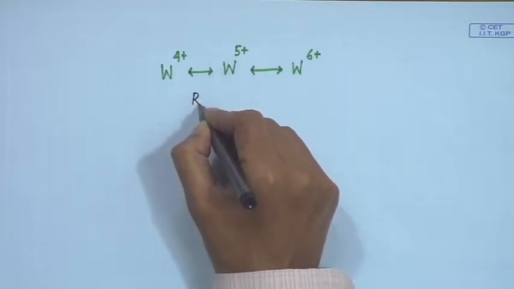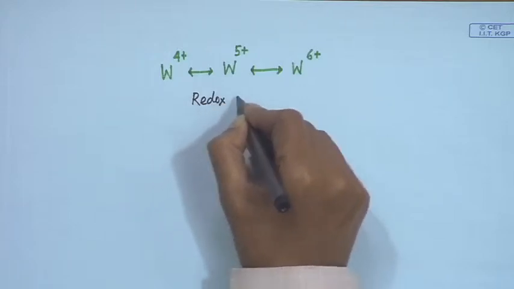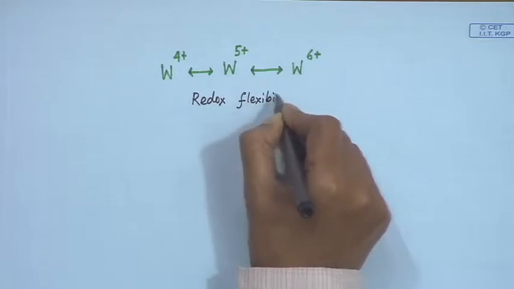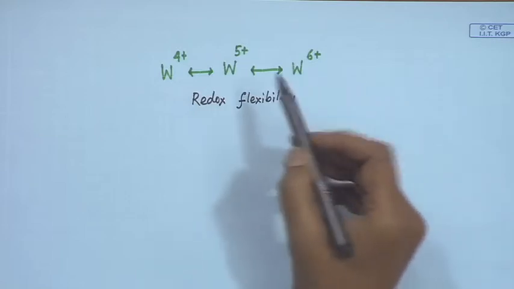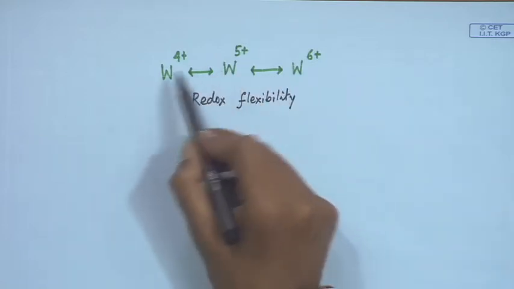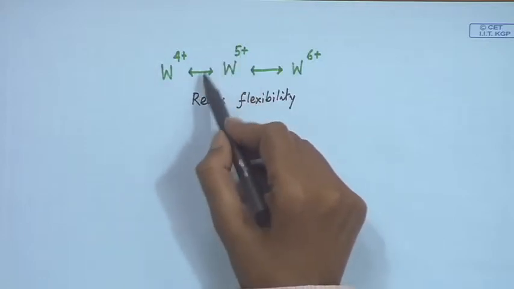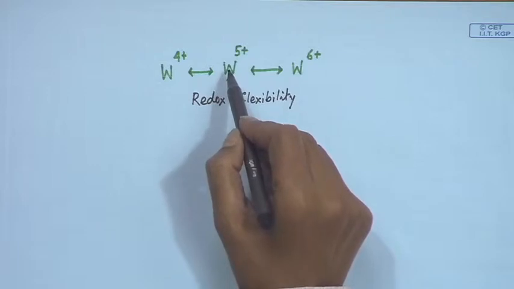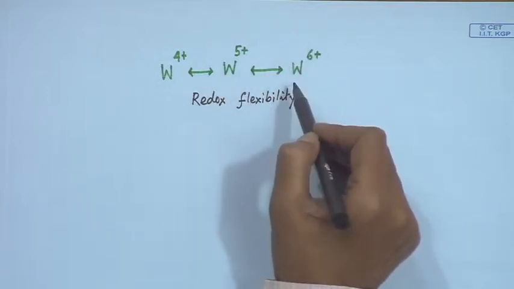So, always we expect a very good redox flexibility in this regard, because as we go for the corresponding oxidation from this to this, immediately the coordination environment should be adjusted, or as we move from +5 to +6, the coordination environment should be adjusted.